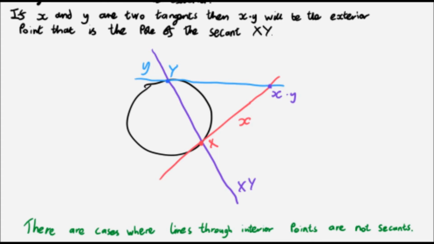Okay? And as I was saying before, it's important to be clear about these definitions, because you can encounter some rather interesting and peculiar examples if you pick the right kind of projective spaces. For example, there are cases where you can have lines through interior points which are not secants.